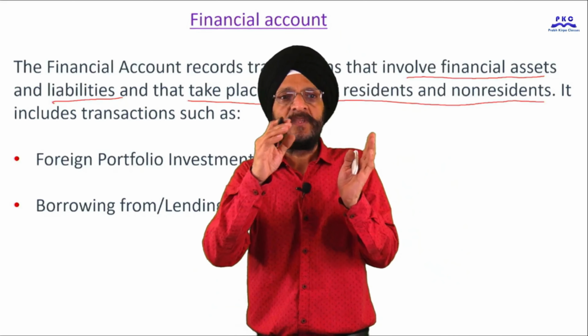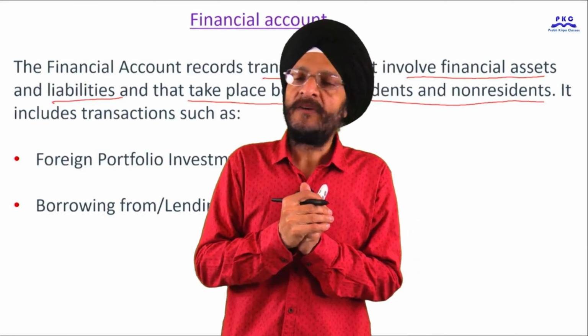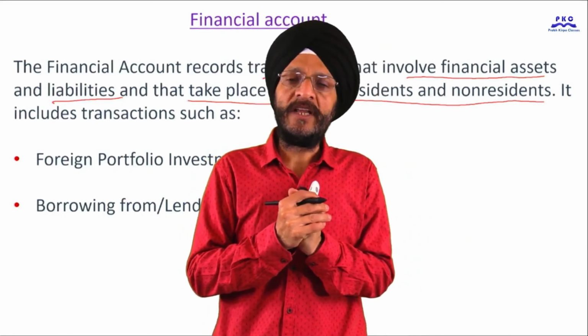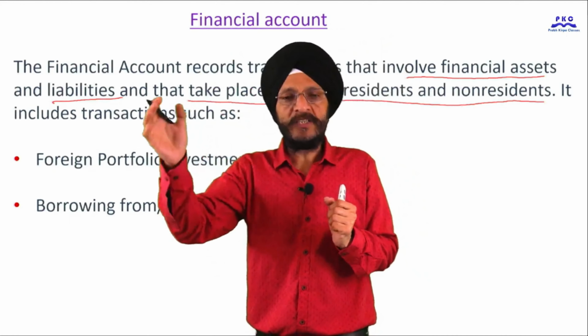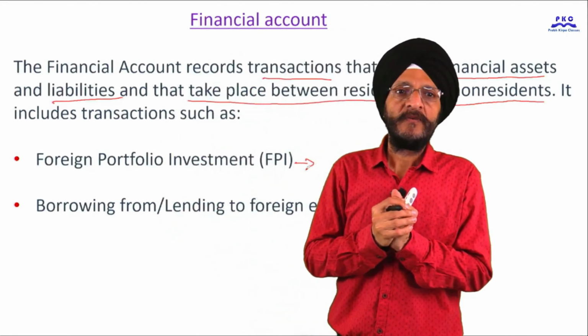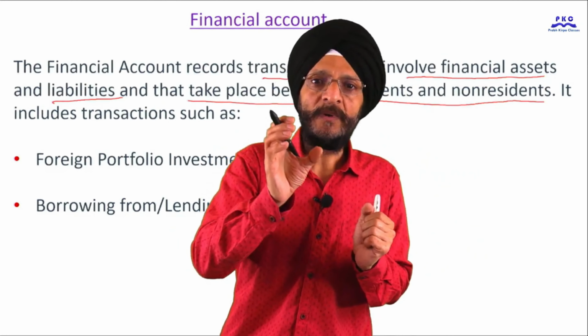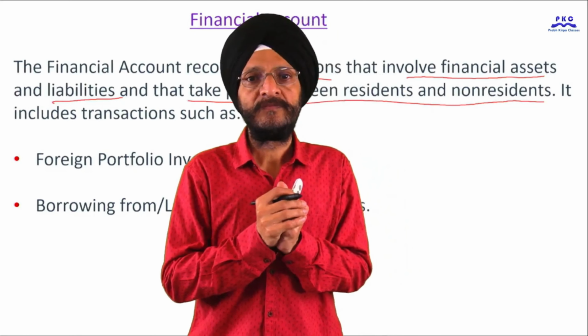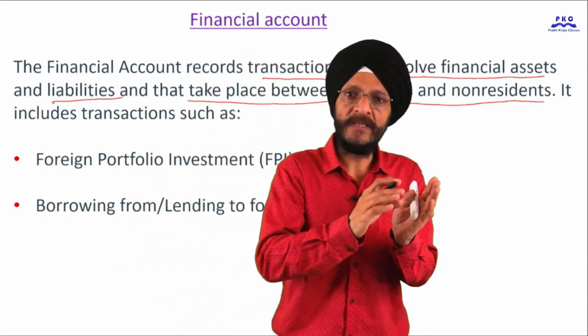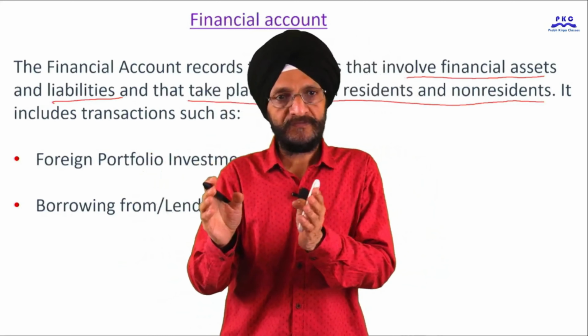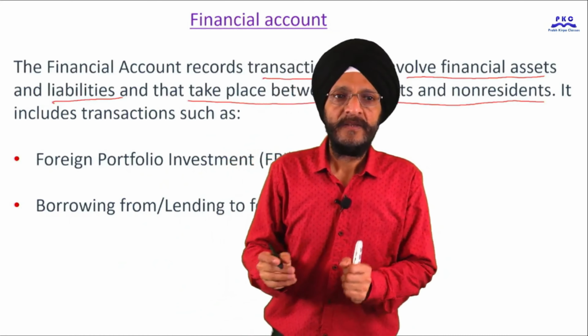By adopting the FPI route, the foreign investors cannot take the ownership rights of the company. Foreign investors, in case of FPI, adopt a passive mode and they do not take part in the decision making of the company.